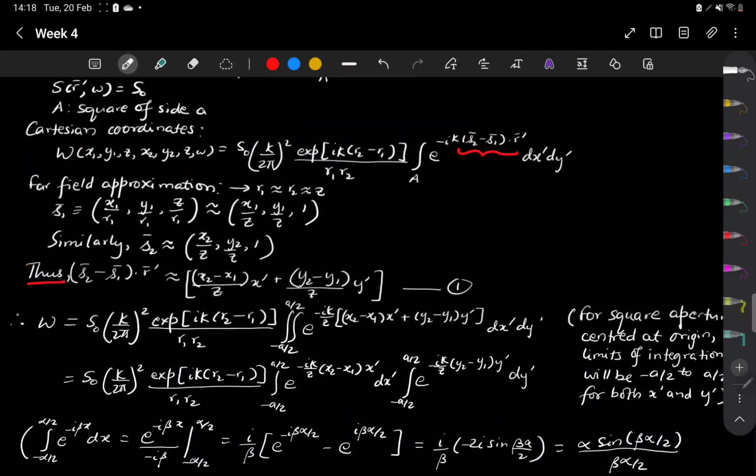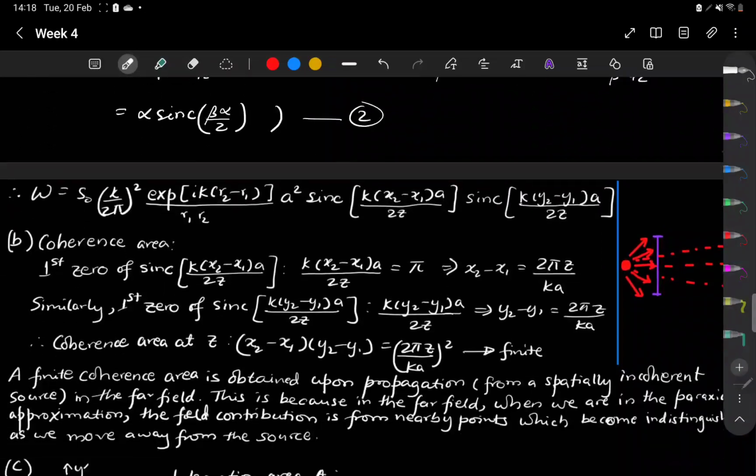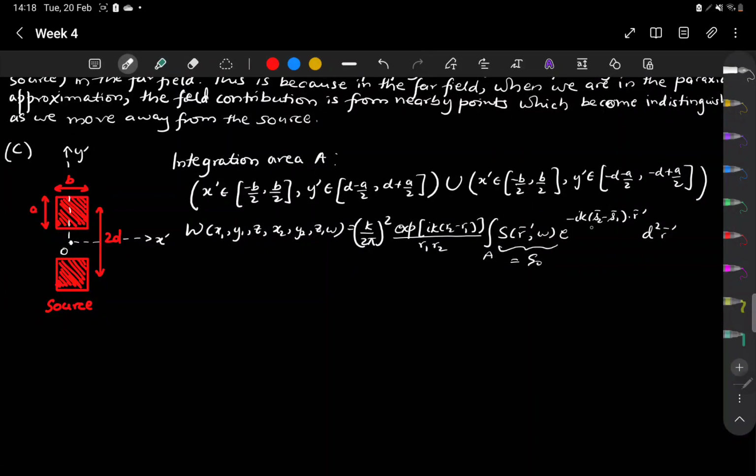From equation 1 we can approximate this part.